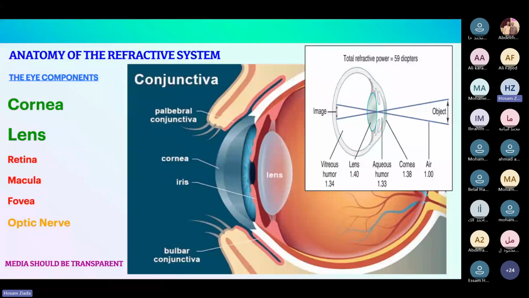If you calculate this power, 59 minus 43 or 45, which is that of the cornea, you will find that the power of the lens is much less than the cornea. So the patient can see with the cornea even if there is aphakia, if there is no lens, but with very blurred vision. So plus lenses are added from outside, as glasses, to compensate for the loss of the lens.